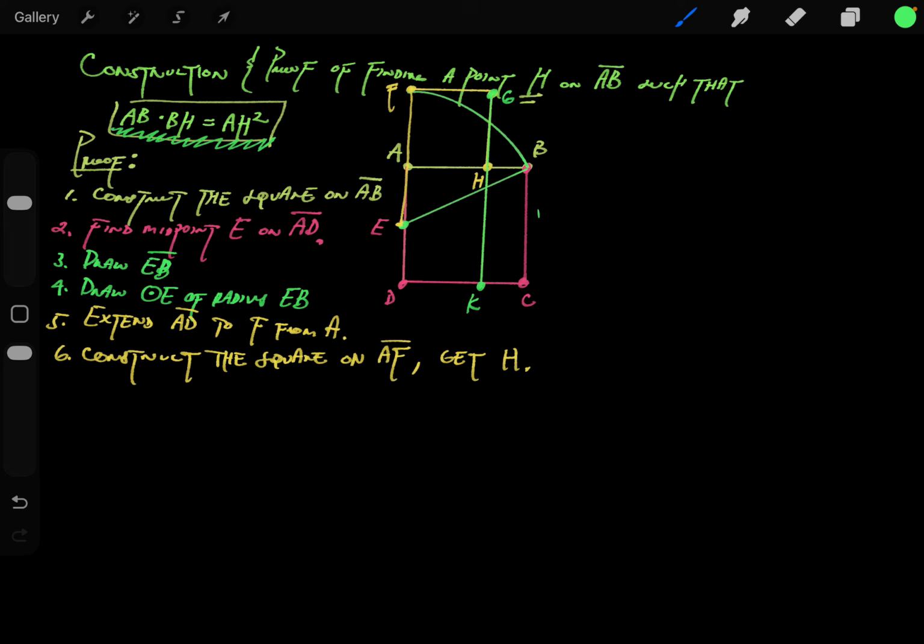Okay, so the first thing in the proof of the construction is to invoke that theorem. Since E is the midpoint, from our other proposition, we should be able to see that FD times AF plus the square on AE is equal to the square on EF.